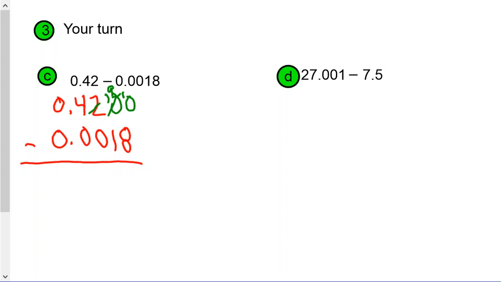Change this to a 10 here. And now we are ready to subtract. 10 minus 8 will give us 2. 9 minus 1 will give us 8. This becomes a 1. 1 minus 0 is 1. 4 minus 0 is 4. Bring down our decimal, and our answer is 0.4182.